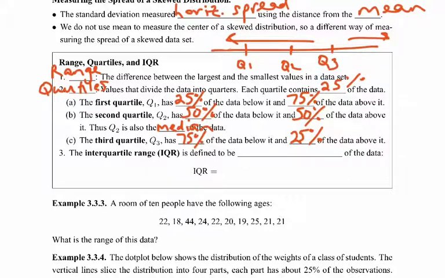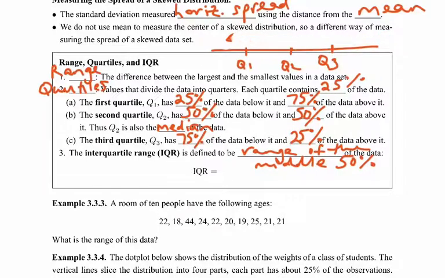The interquartile range, or IQR, is defined to be the range of the middle 50% of the data. Let me show you here on the number line. The IQR is the range for the middle 50%, which is right here.